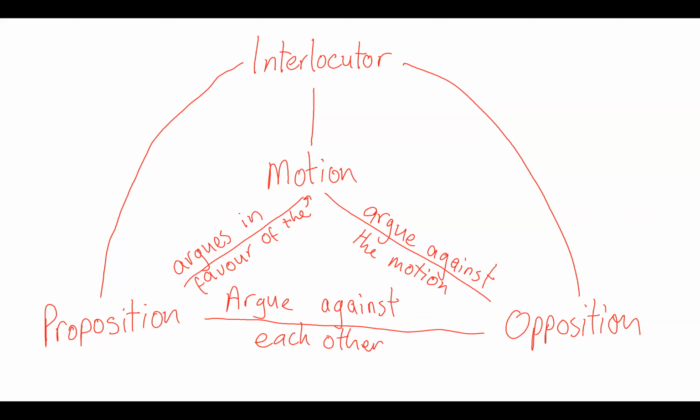Zon, what's your answer? Can you repeat the question? I can. What relationship does the interlocutor have with both teams? The hint is he has the same relationship with both teams. He makes sure both teams follow the rules.